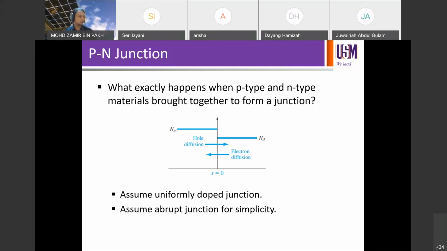At the same time, the majority carriers in the n-type material, which are the electrons, are going to diffuse into the p-type material due to the presence of concentration gradient. Due to the diffusion, we are going to have depletion of carriers near the p-n junction, right in the middle of this schematic, near this central region, if you like.